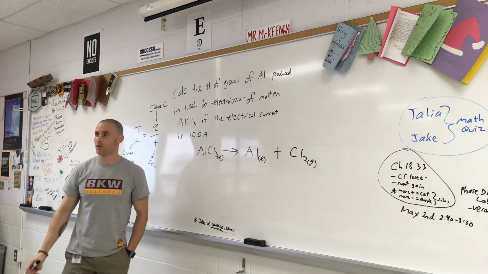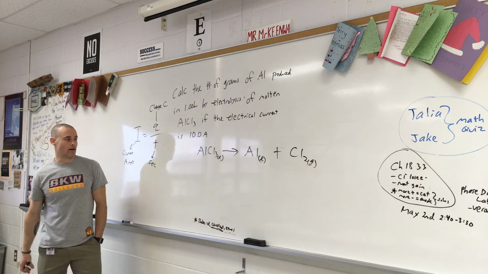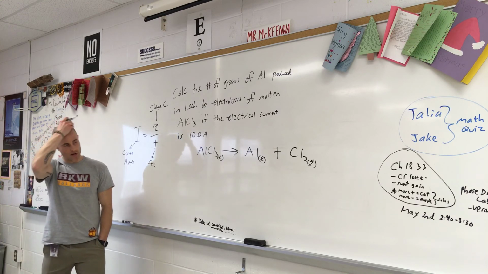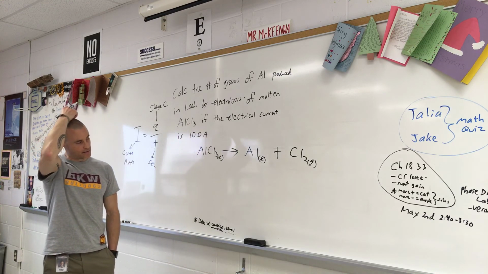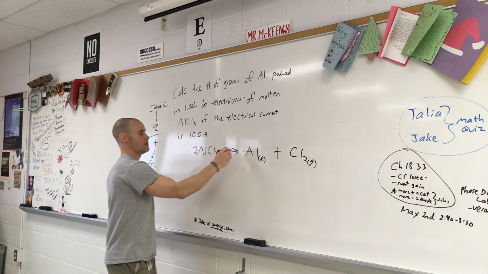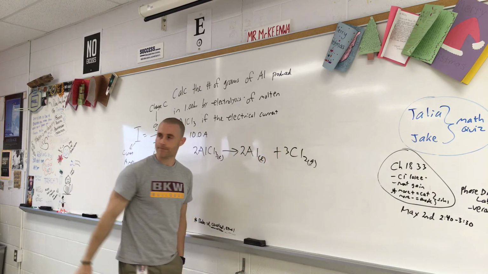If we're going to decompose, break apart aluminum chloride, you're going to get aluminum metal and chlorine gas. But we have to balance this, so this is going to be 2, this is going to be 2, this is going to be 3.